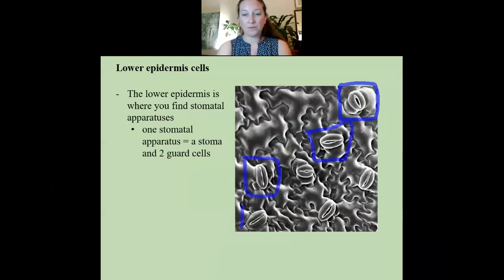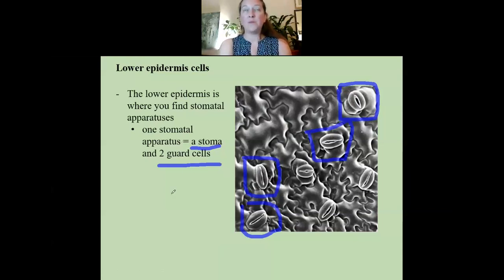Here's another one, etc. Each stomatal apparatus is composed of three things. It's composed of a hole or a stoma and two guard cells. And what the guard cells do is the guard cells can swell and get smaller to regulate whether or not the hole is open.